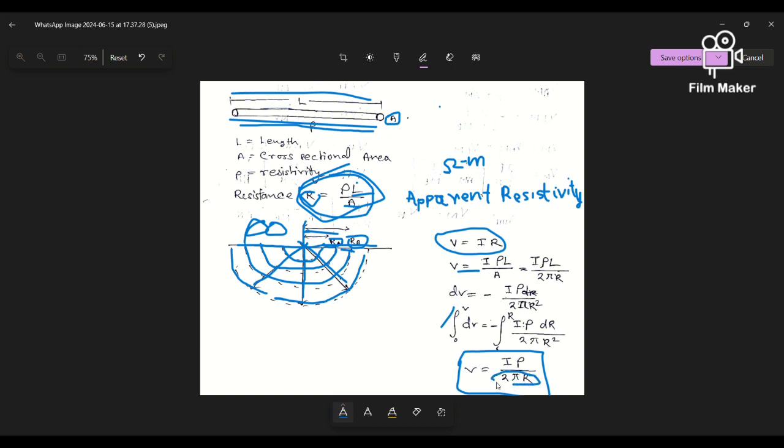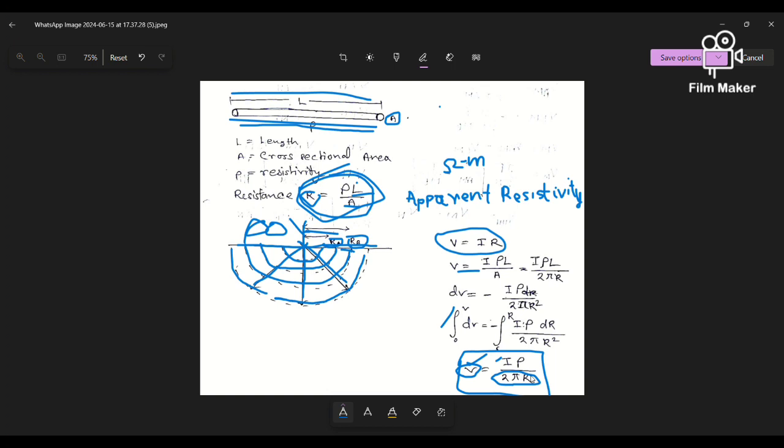Here 2 pi r is the geometric factor. We get V through this test, and I by ammeter, which measures how much current flows through the electrode, and through the voltmeter we can measure the voltage.